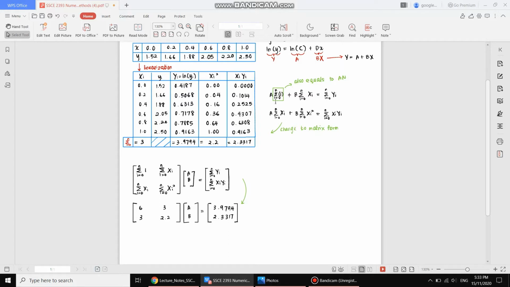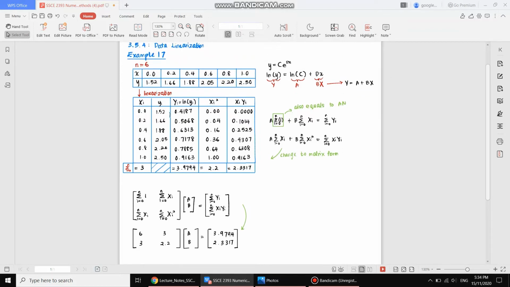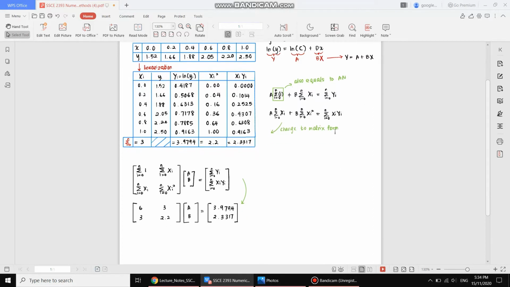The summation from i equals 0 to 1 is equal to the n value, which is how many sets of values we have, which is 6. Okay, it is 6. So we just substitute the values inside the matrix equation, and the first one will be 6.